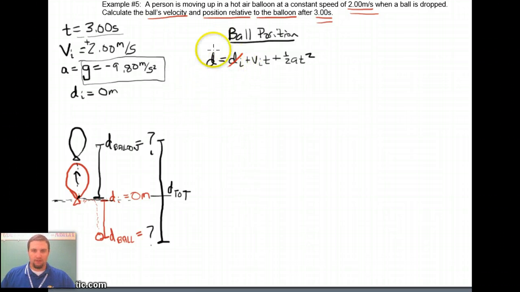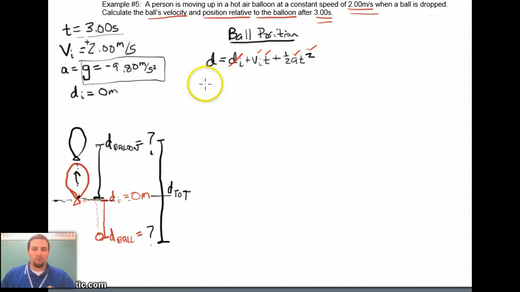And let's see if we have all the other variables. This will tell us the distance at which the ball travels. We know the initial velocity is plus 2. We know the time is 3. And we know the acceleration of the ball is going to be equal to the acceleration of gravity, which is negative 9.8. We have everything. So let's go ahead and solve this, shall we?